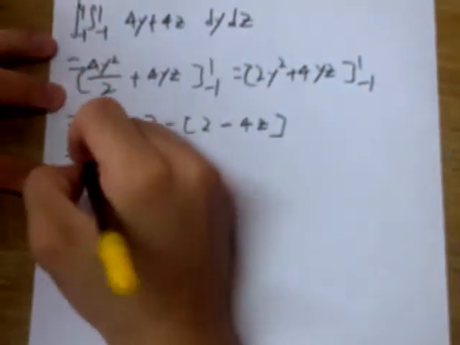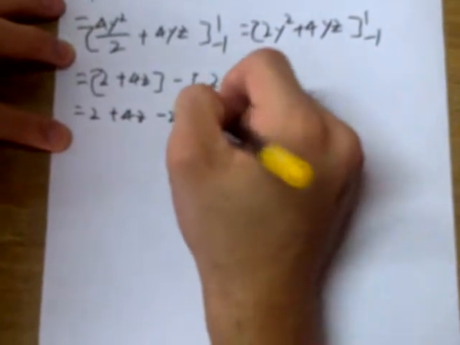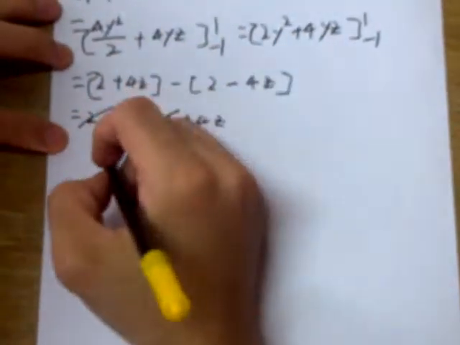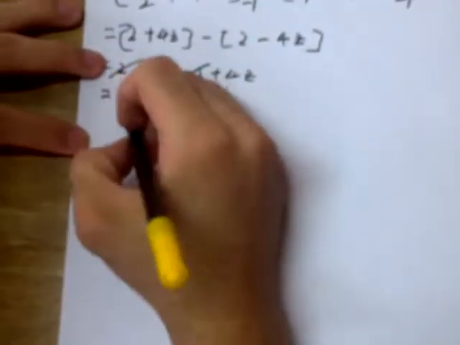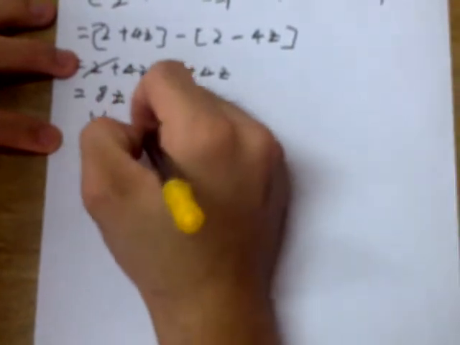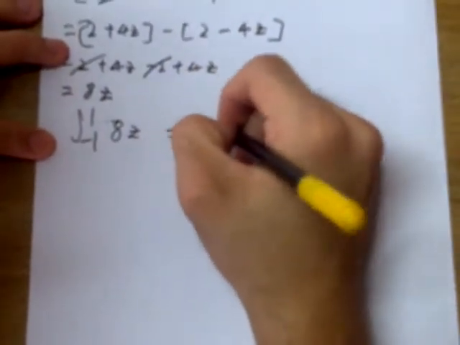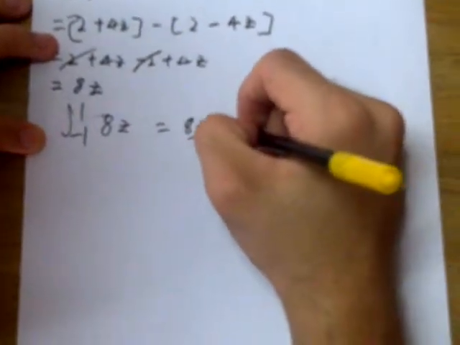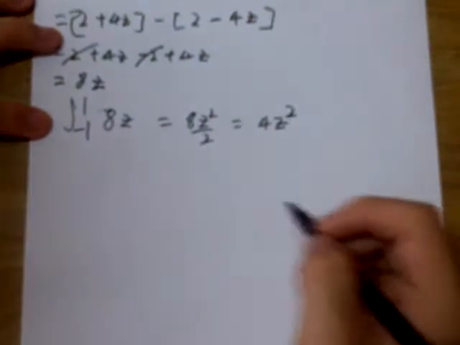So it simplifies to -2 plus 4z, the -2 cancel, it becomes 8z. Now it's time to integrate the z variable. So integration of 8z between 1 and -1 is equal to 8z squared over 2, equal to 4z squared.